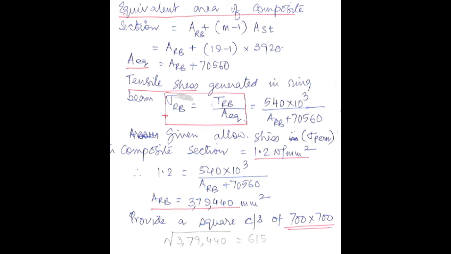Now, the tensile stress generated in the ring beam is sigma RB equal to TRB by AEQ. Again, stress is the force divided by the area. So that gives the value of 540 kilonewton, so please convert it, 540 into 10 cube. AEQ, what is the expression we have got? ARB plus 70560, correct?